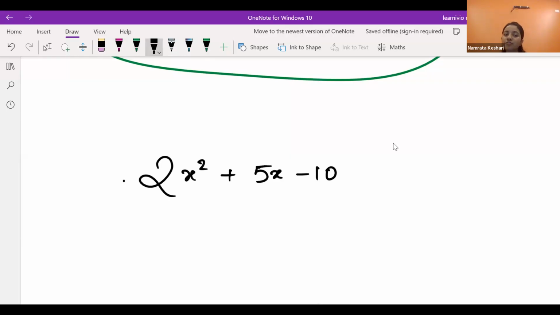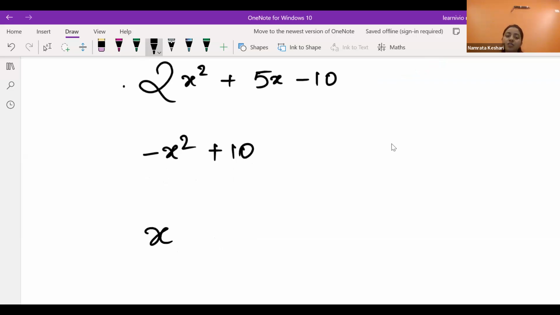What is coefficient of x over here? Positive 5. Perfect. If I will write minus x square plus 10, and ask what is coefficient of x square over here? Minus 1. Perfect.